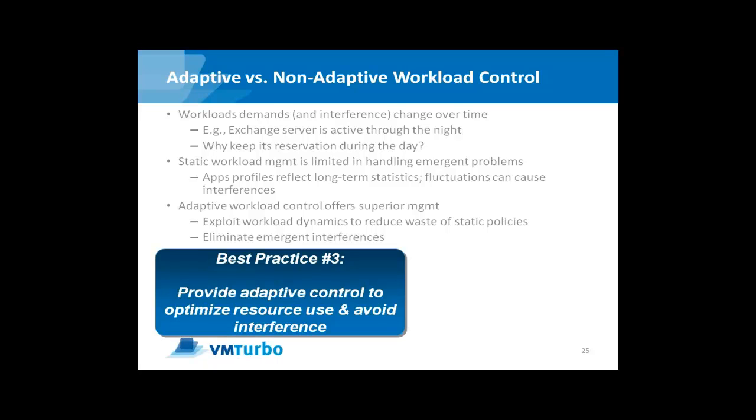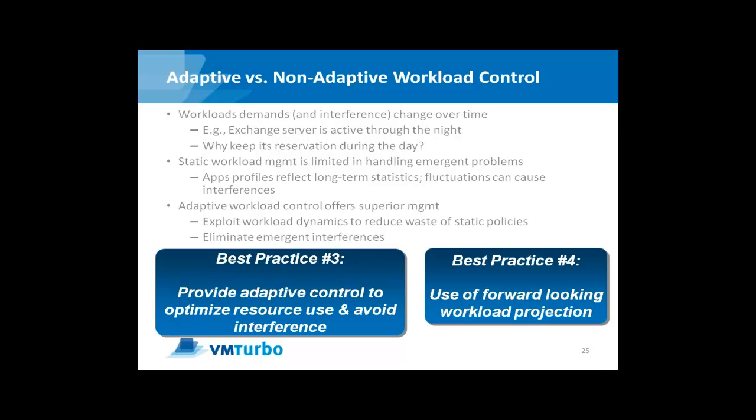So the third best practice is to provide adaptive control to manage your workloads, to both optimize resources and avoid performance-degrading interference. And a corollary to that is using forward-looking workload projections, because quite often workload peaks are not random.